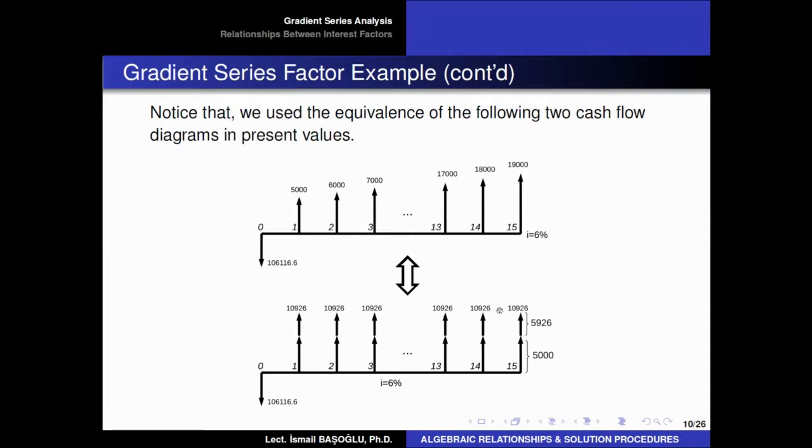Both payment plans are going to be equivalent to each other. And the practice here is how we have converted the gradient amount of $1,000 to a uniform payment size.